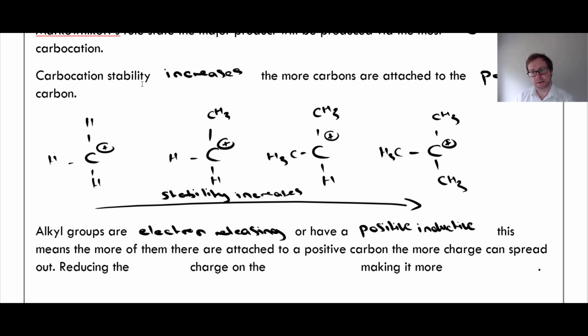It means the same thing. This means the more of them, so we're talking about carbons that are attached to a positive carbon, the more charge can spread out, reducing the positive charge on the carbon, making it more stable.